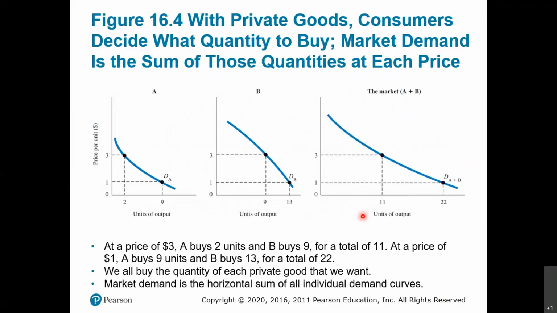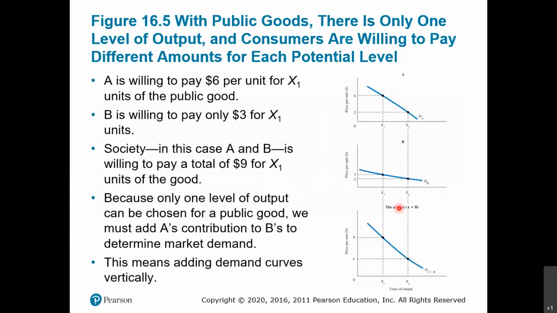Private goods have a horizontal sum for their demand curve. We did this back in Chapter 3. At a price of $3, family A consumes 2, family B consumes 9. You add them together, the market is 11. It's a horizontal sum. Public goods, because of their non-rivalrous feature, have a vertical sum.